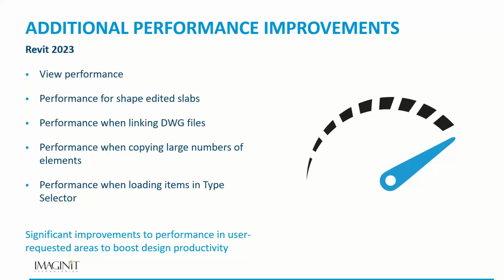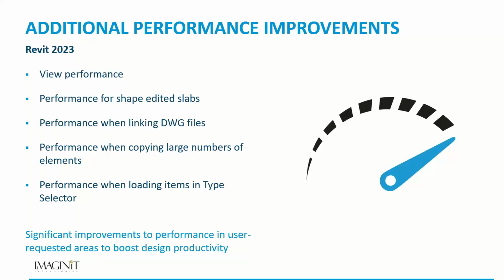Working with families and 3D imports, we've had a great improvement as well. Performance in linking DWGs has increased considerably. Performance when copying large numbers of elements has been increased. So we're getting 6, 7 times, 3 times better in some cases.